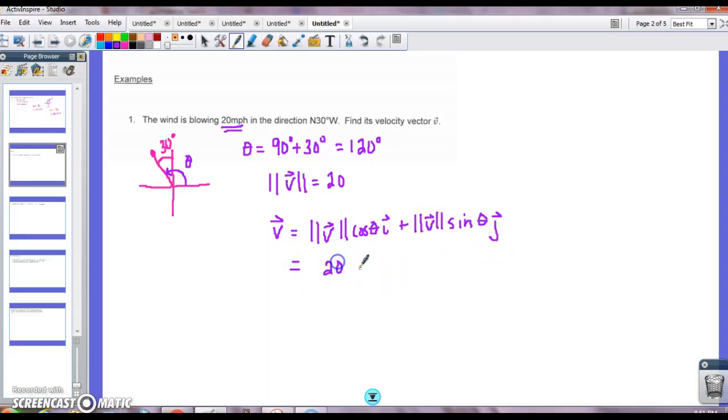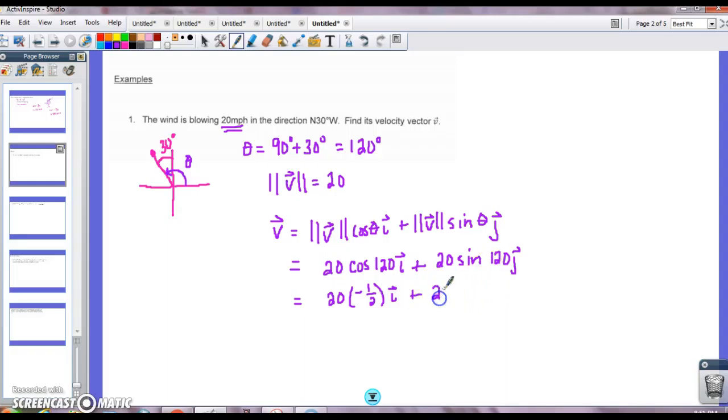I have 20 times the cosine of 120 i plus 20 times the sine of 120 j. Cosine of 120 is negative 1/2, so I have 20 times negative 1/2 i.